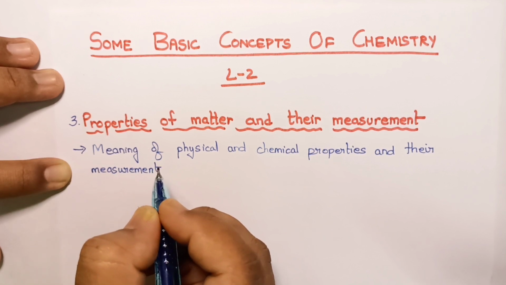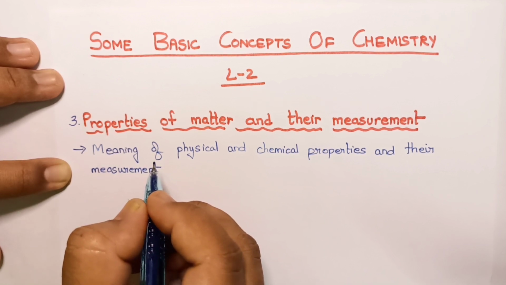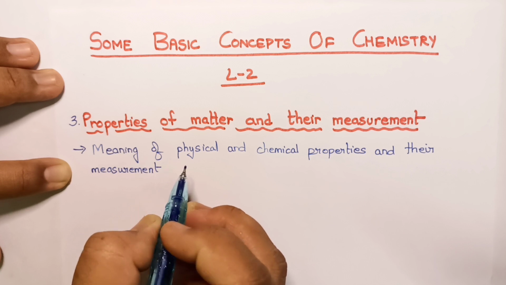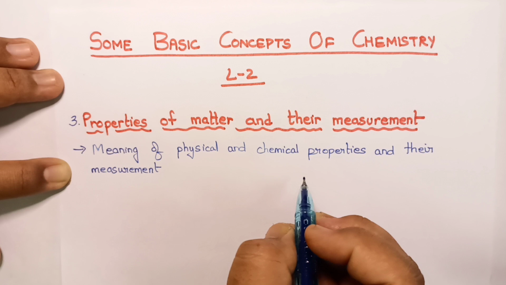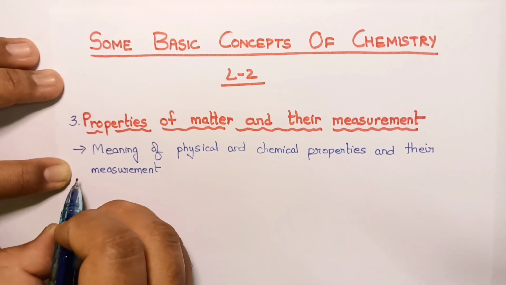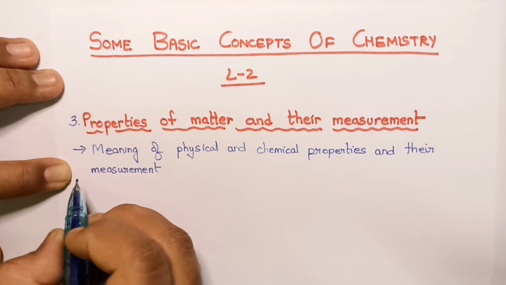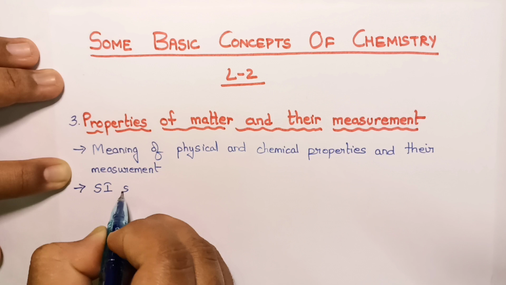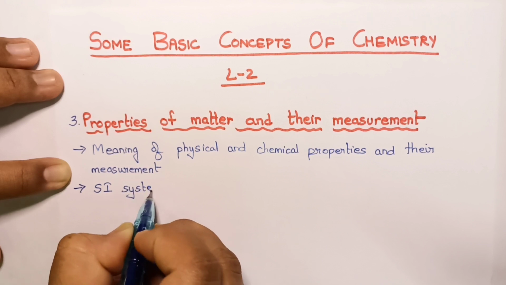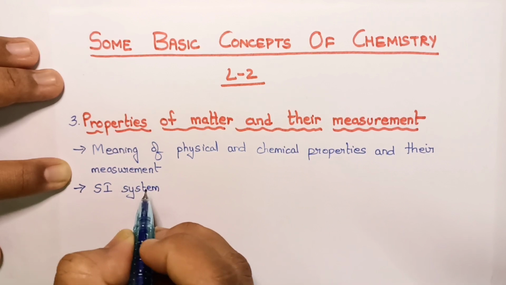Every matter has two types of properties, physical properties and chemical properties. We are going to discuss in detail the physical and chemical properties and how they can be measured. Okay, what are the various systems used for their measurement? In those various systems, the SI system of measurement is the most important one, about which we will learn in detail in today's video.